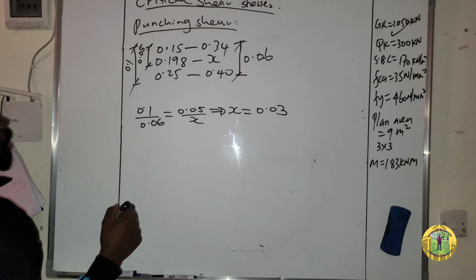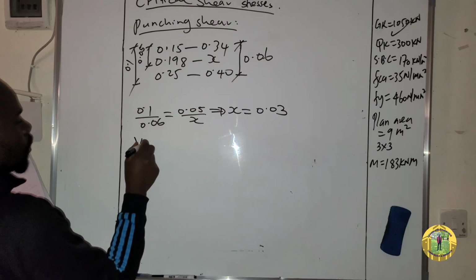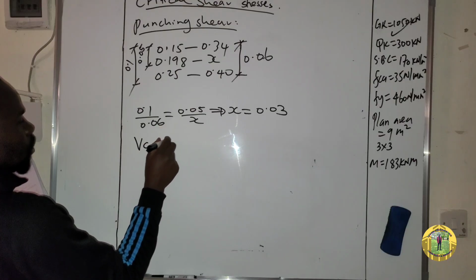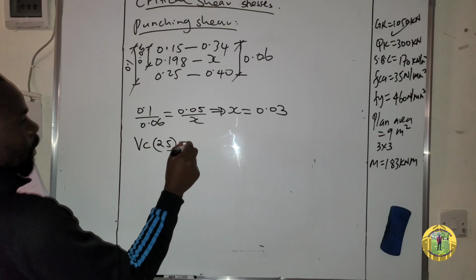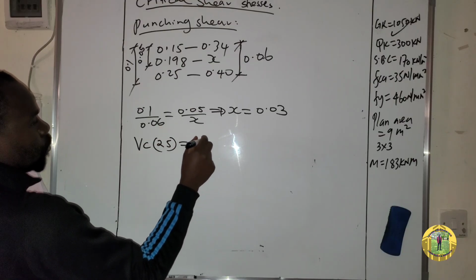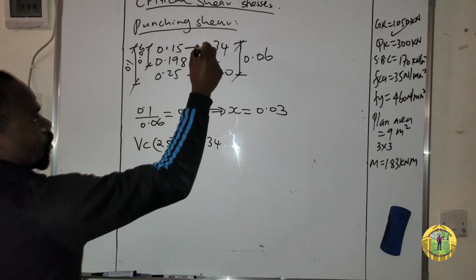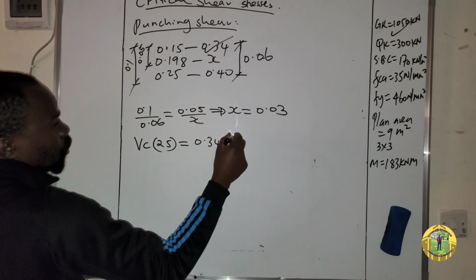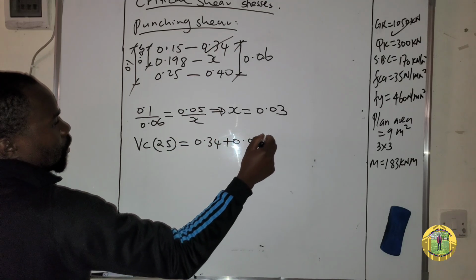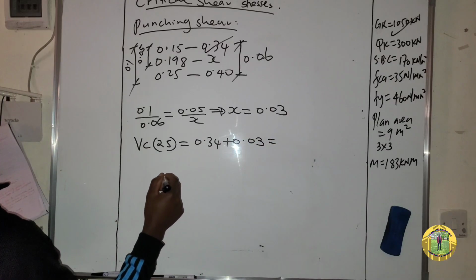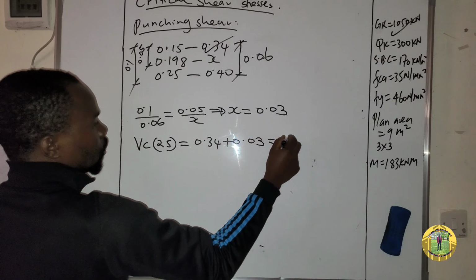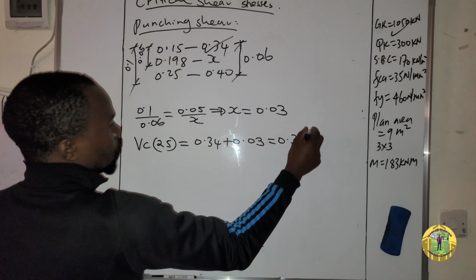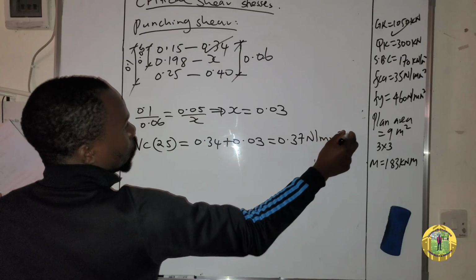So to get the value for vc in table 25, it will be 0.34 plus 0.03. So this one is equal to 0.37 Newton per millimeter square.